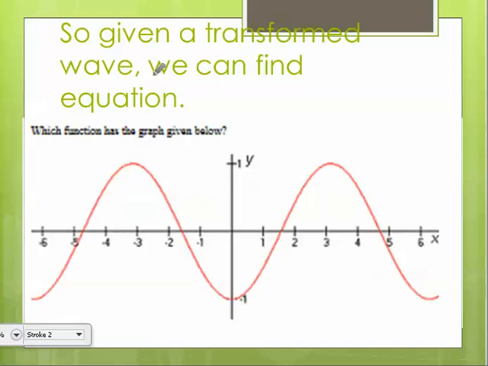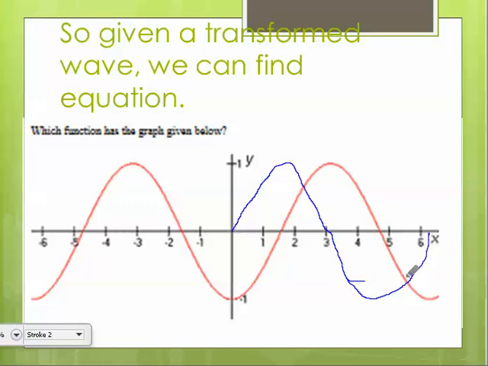Okay? So, what can we do with this? Given a wave like this one right here, we can look at this wave and determine what the equation of this wave is. Now we know we've got a sine function that starts here and does this, right? Like that. That blue one is my sine function.